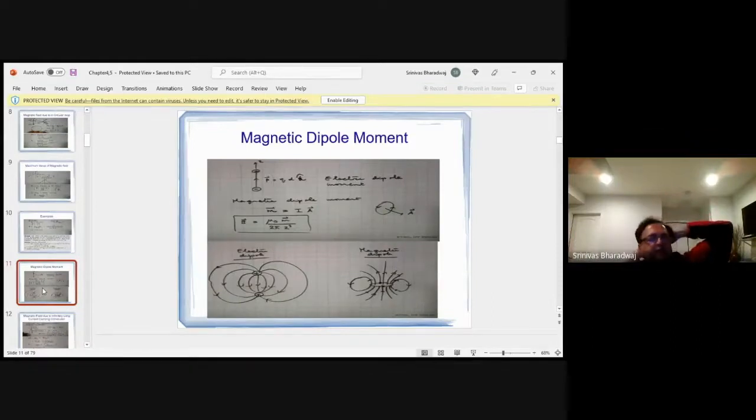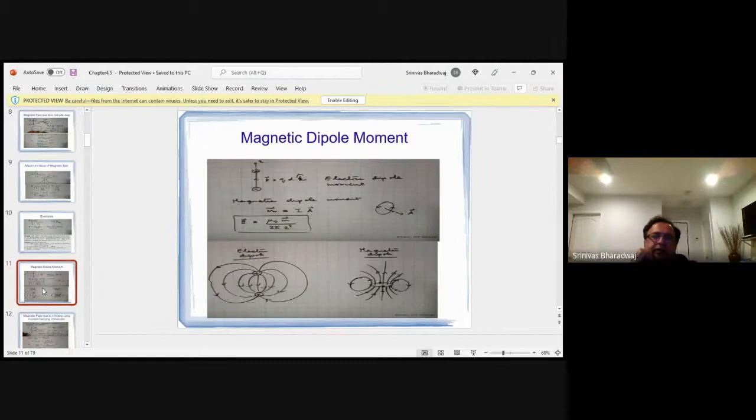But in magnetism, you cannot separate those poles. You can never have a unipole. What does a unipole mean? It's just a north pole. You cut a magnet, you will end up with a north and a south pole on each piece. That will always happen.